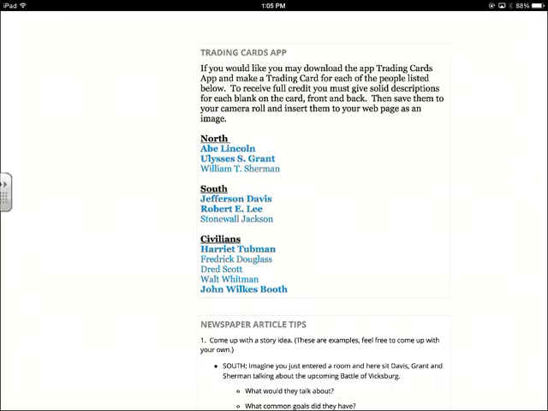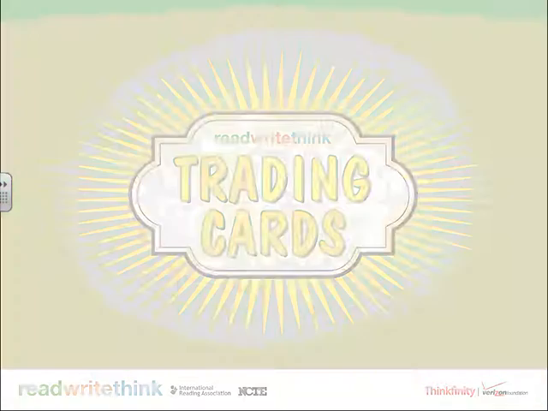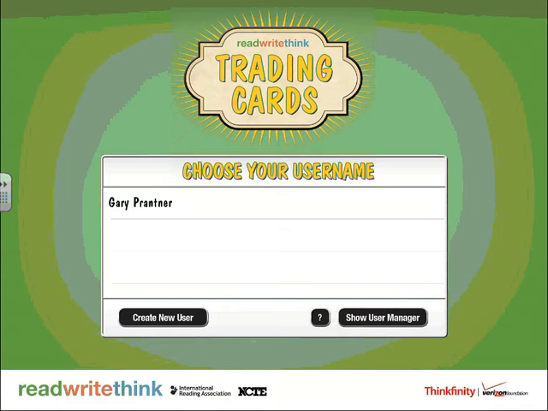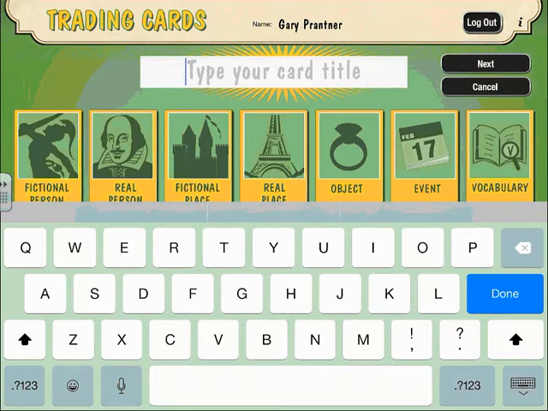Now, once you get inside that trading card app, and I'll try to show you what that app will look like, you're going to have to set up an account, and it's free to do. So you create your user, yada, yada, yada. We're happy for you. Then you click on choose your username. So that'd be you. Create a new card.